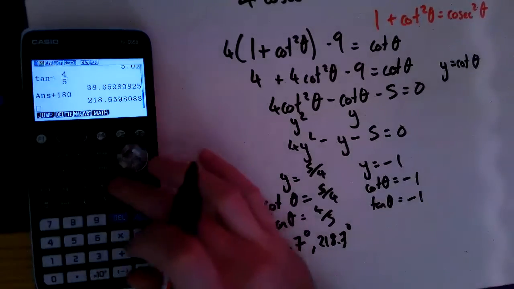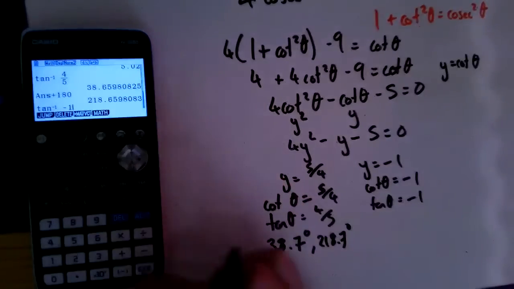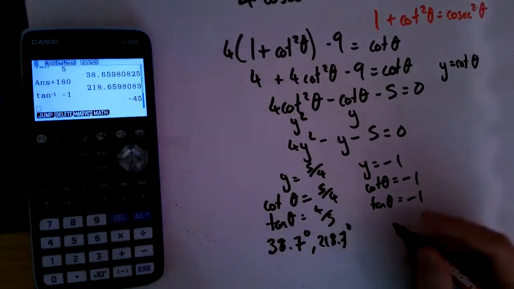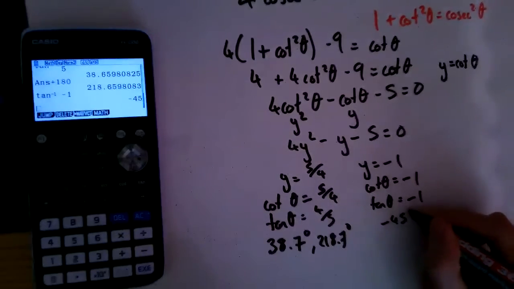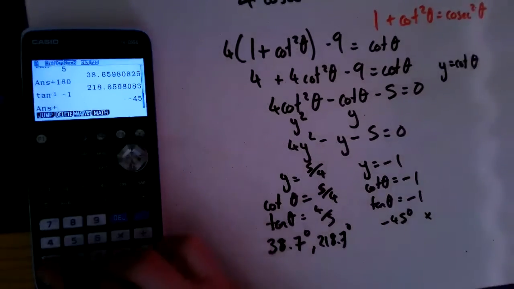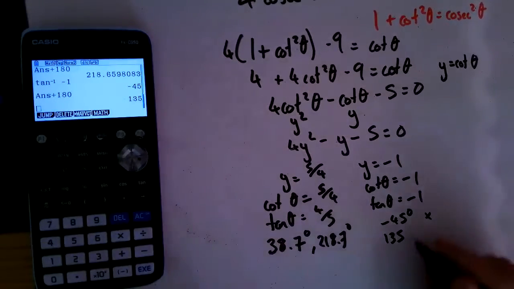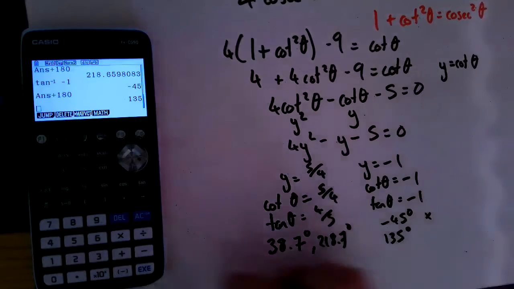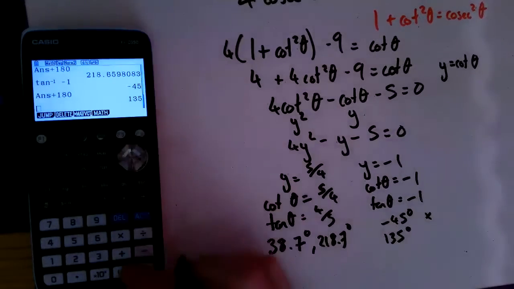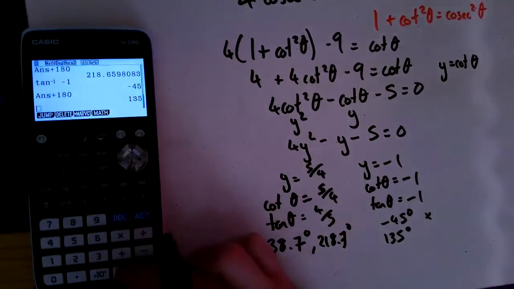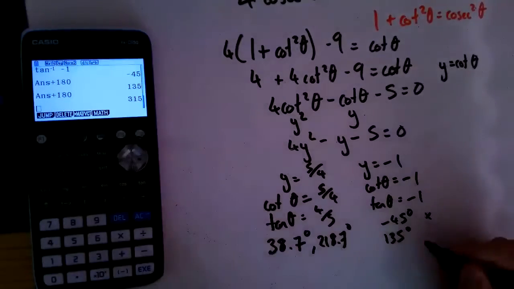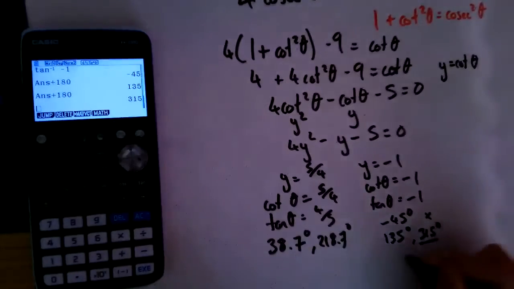And then arctan minus 1 gives you minus 45, which isn't in the range. And I add 180 to it to get my second answer. So 135, that is in the range. And then I can add 360 to that first one, which gives me 315 degrees, so 4 answers.